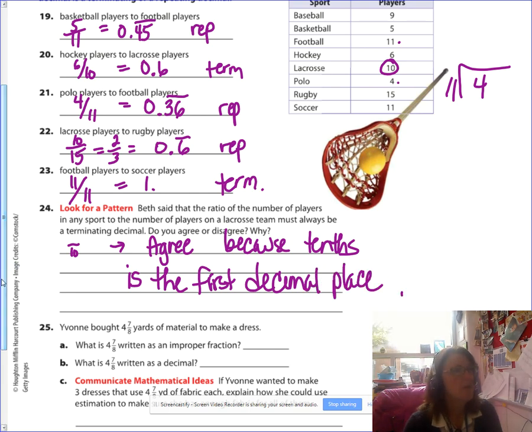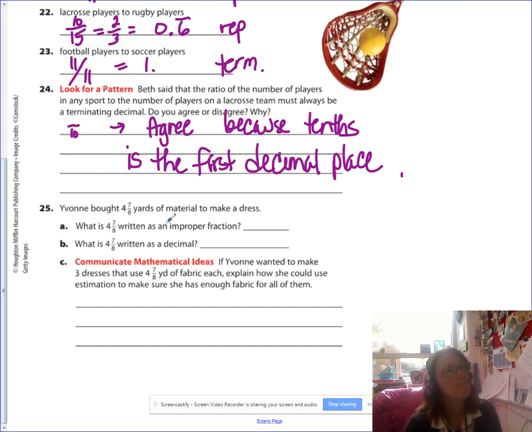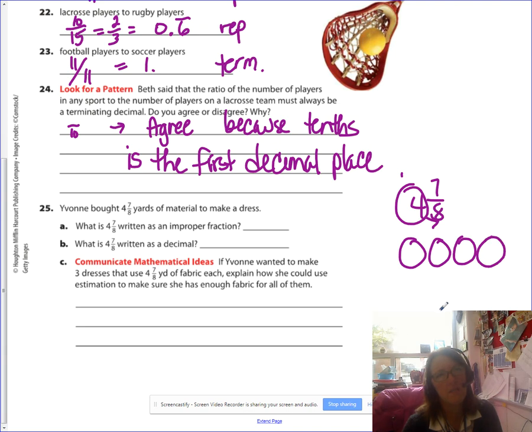Yvonne bought material. She bought 4 7/8. First, they want it written as an improper fraction. So remember how to do that. Take the whole number times the denominator, because this is like saying you have 4 whole pizzas and then 7/8 of another one. So all of these, and then all but one of these.